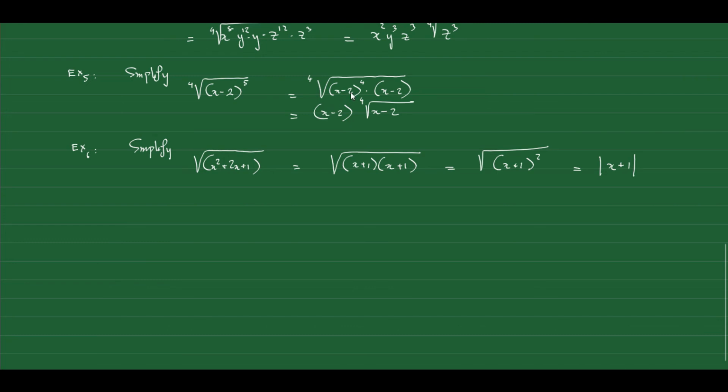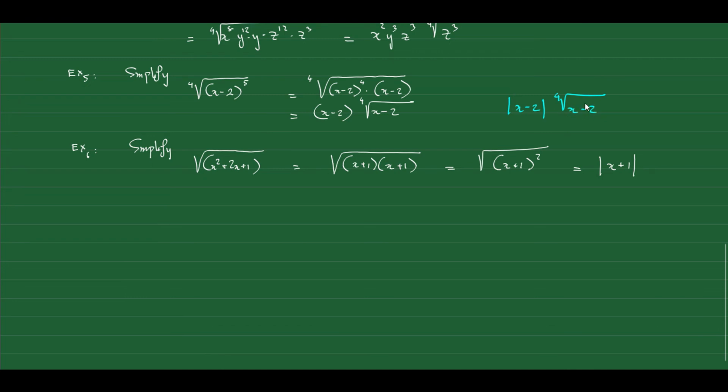Because you don't know, then you gotta put in absolute. So the best answer over here is the absolute value of x minus 2, fourth root of x minus 2.